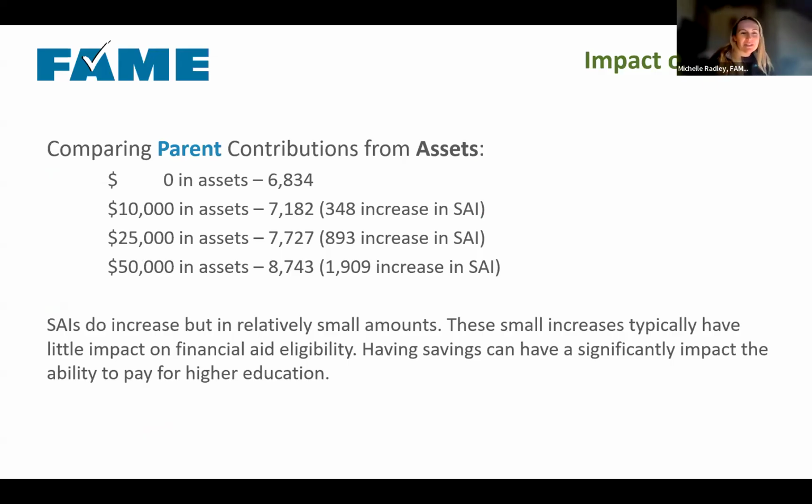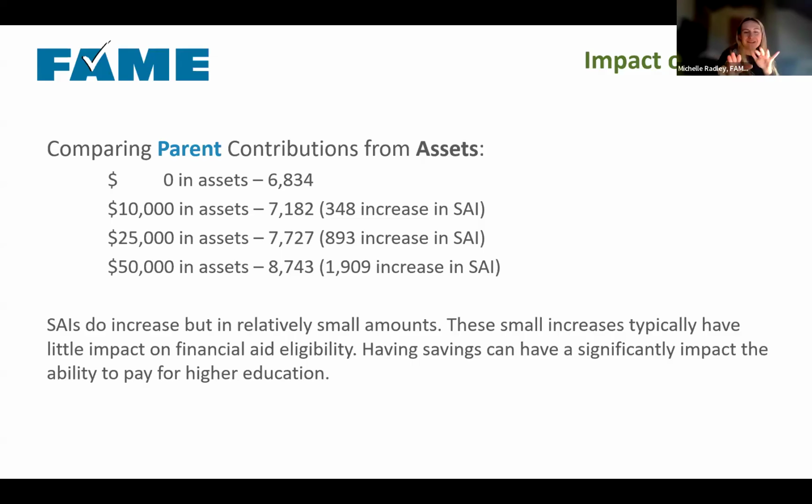So looking at this, you can see when you're considering the parent assets, the jump that incurs from $0 to 10,000 to 25 to 50 is not necessarily proportional. That's the thing that I like to point out about this piece in particular. When we were looking at that previous formula, we had the 12% asset conversion rate, but we also saw that in order to get the parent's contribution to the SAI, it fed through that wacky formula.